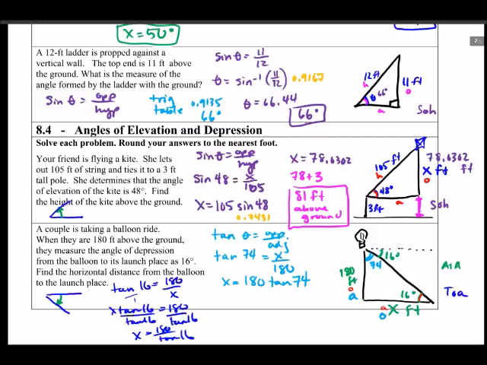So if I do that on the calculator, I get x equals 627.7345. And guess what? If you do x equals 180 over tan 16, guess what you get? 627.7345.